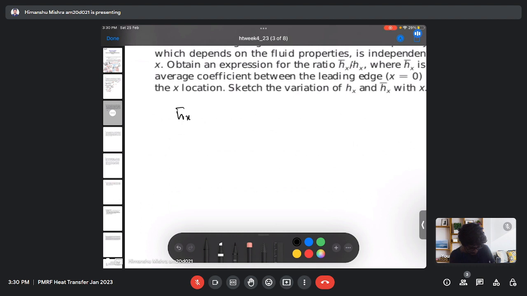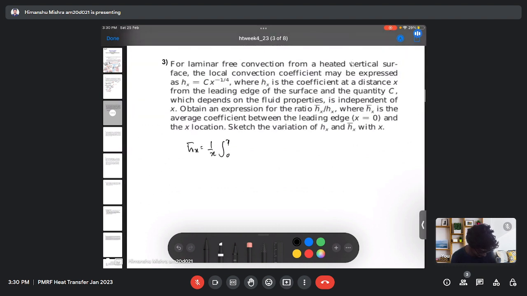But with a slightly different local heat transfer coefficient. So we will use the same integral to solve it. In the question again, it is given that we need to find the average heat transfer coefficient from x equal to 0 till x. So we will be integrating from 0 to x again.